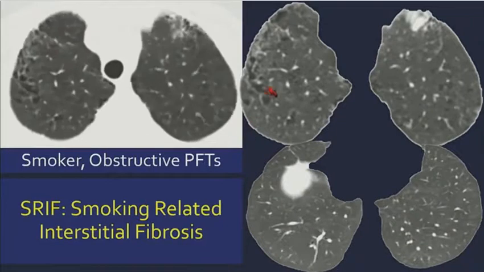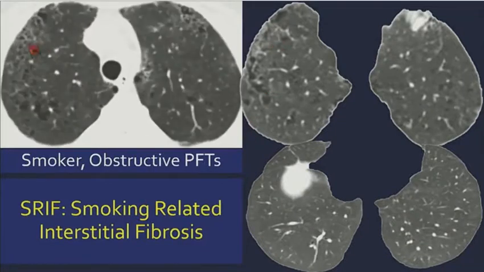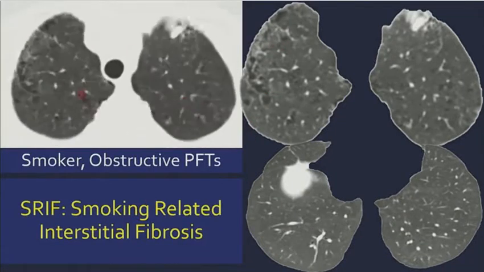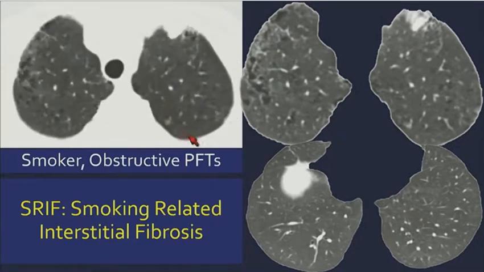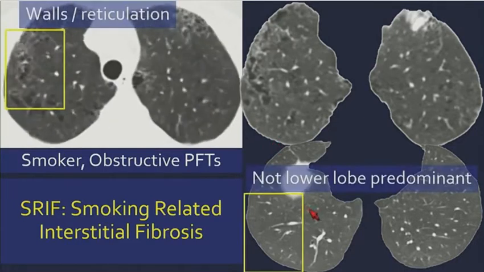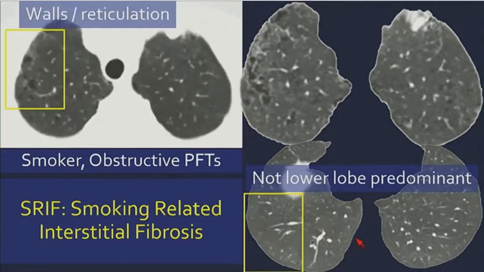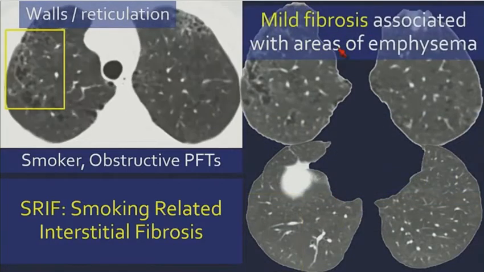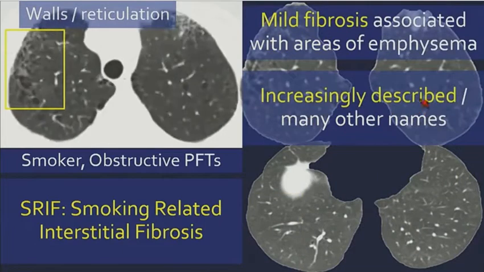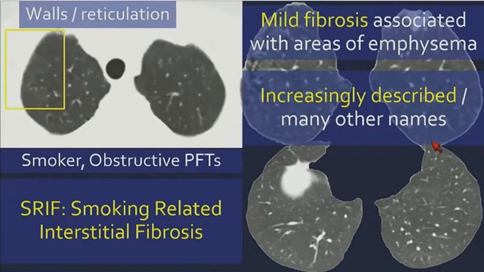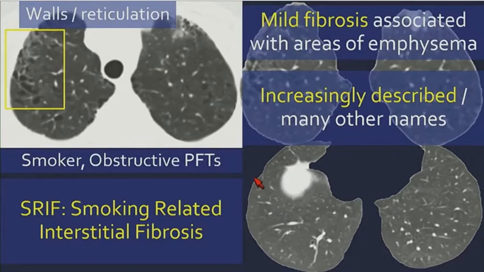Well, we're starting to realize that in areas of emphysema, there can be a mild smoking-related fibrosis, as in this case. You see some reticulation, you see some well-defined walls. And you notice that it's not lower lobe predominant like other cases of fibrosis. And this is a typically mild fibrosis that has been increasingly described in the pathology literature. It's known by many other names like respiratory bronchiolitis with fibrosis.